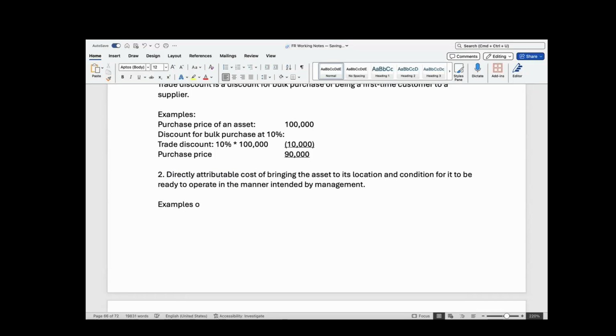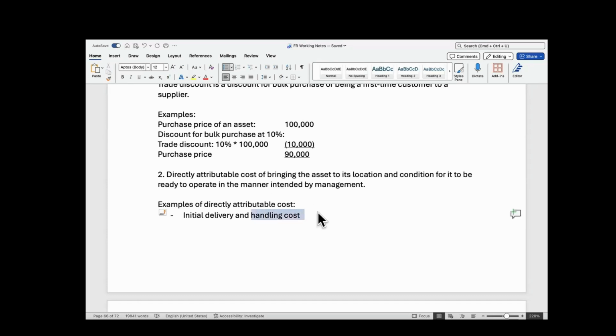What do we mean by this cost? What are the examples of these directly attributable costs? It includes initial delivery and handling costs, which is the cost of transporting the assets from where you bought it to where you want to use it.